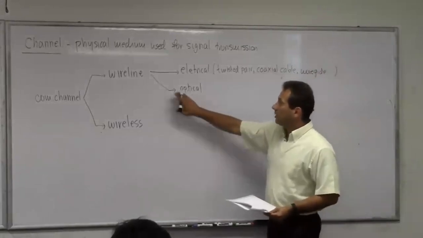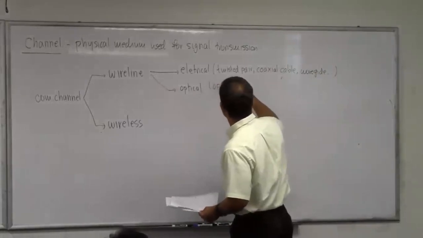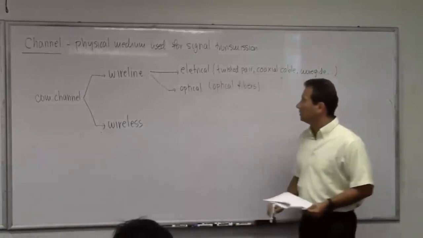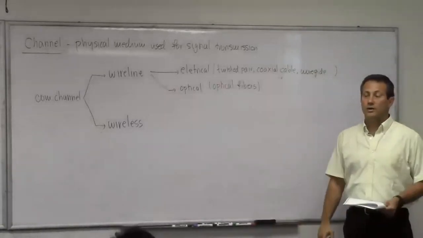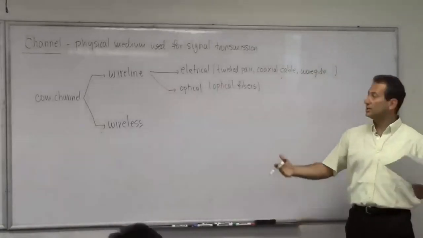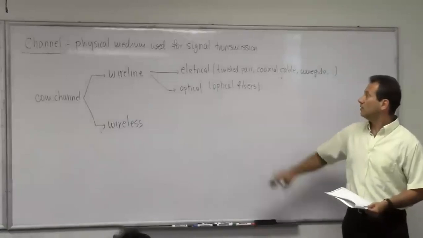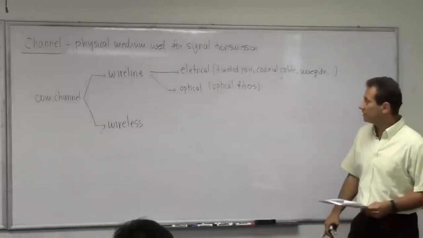As for optical wireline channel, these are your optical fibers. Those are the main channels that run most of our large-scale communication networks. The entire internet, landline telephony, voice and data all run over the top of the optical fiber communication channel.